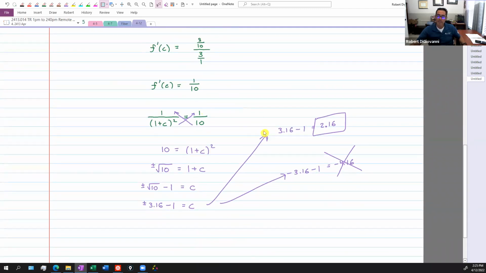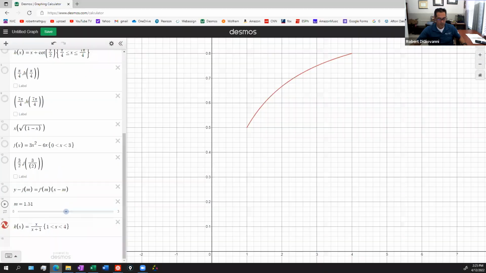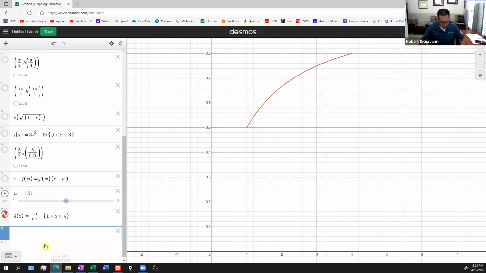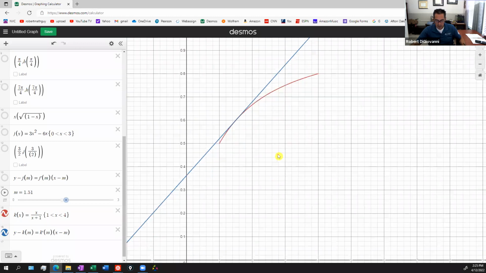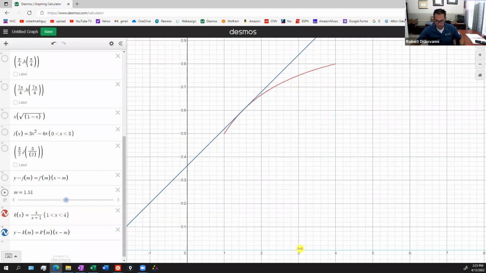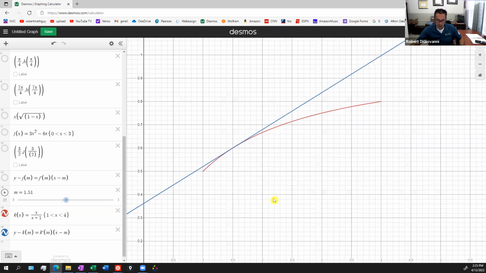Questions on the work here? Shall we check it visually? I'm going to do this like I did a minute ago: y minus f(m) equals f prime of m times (x minus m). There's my tangent line. And let me get the secant line in here. I'm not going to have the computer draw it, it's too much work.